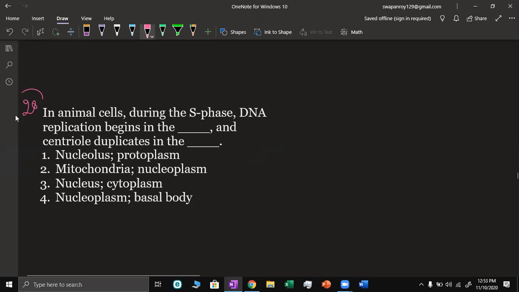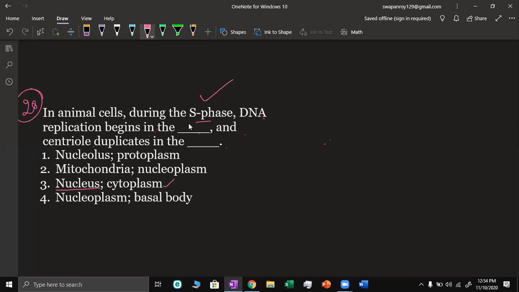20. In animal cell during the S phase, the DNA replication begins in the dash and centriole duplicates in the dash. DNA replication is in the nucleus, and in the S phase in animal cell the centriole also replicates, and centriole is present outside the nucleus, so it is in the cytoplasm.